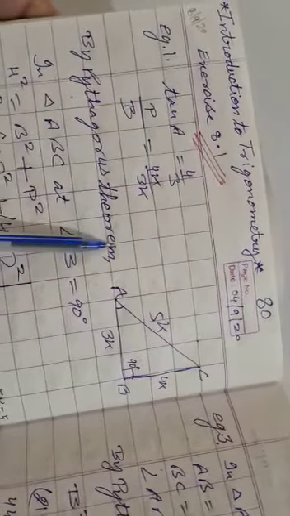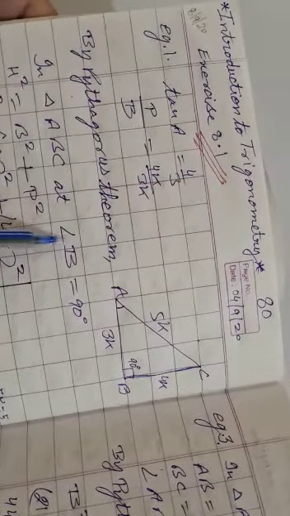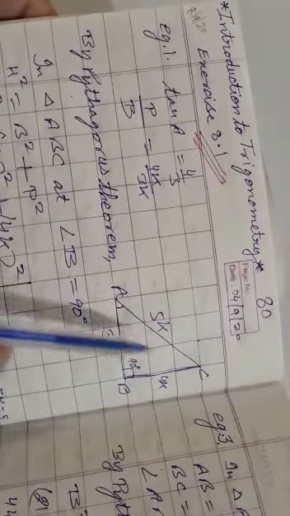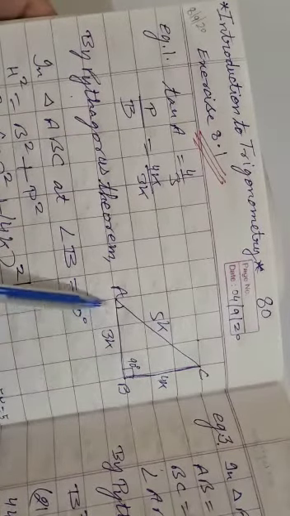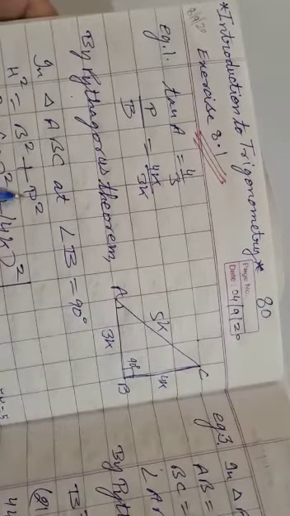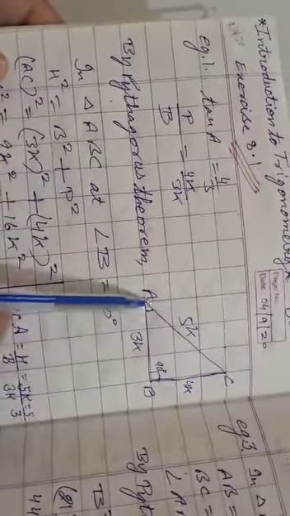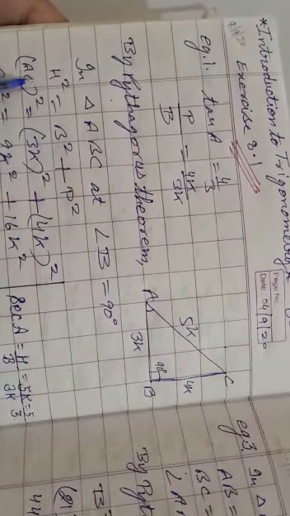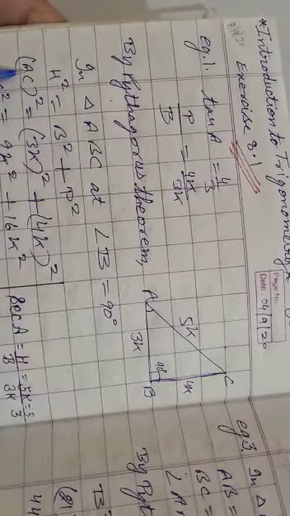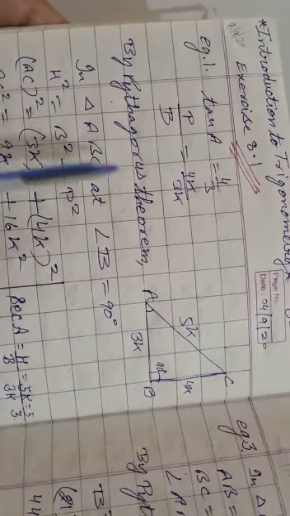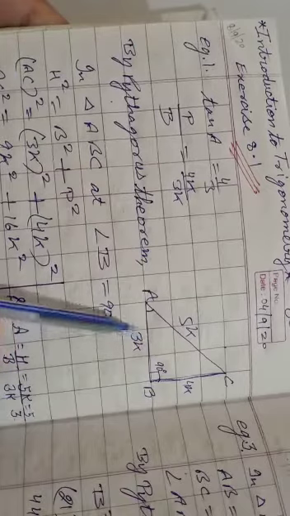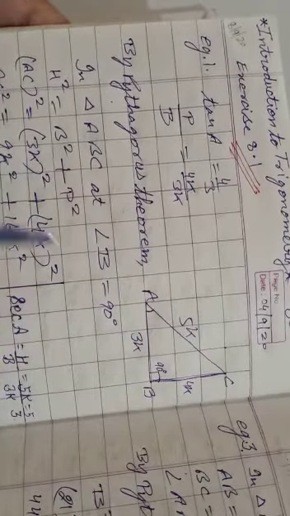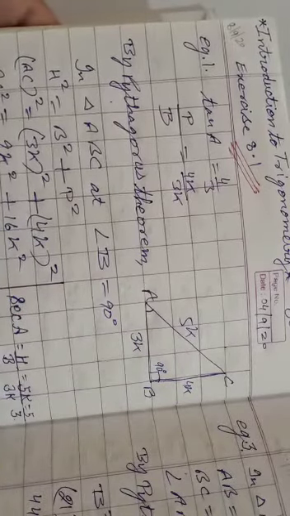By Pythagoras theorem, in triangle ABC, at angle B equal to 90 degree, hypotenuse square is equal to base square plus perpendicular square. So we write AC whole square is equal to base 3k whole square plus perpendicular 4k whole square.